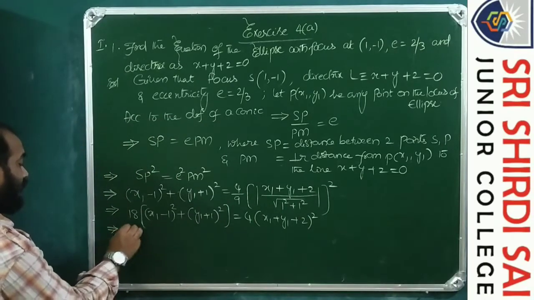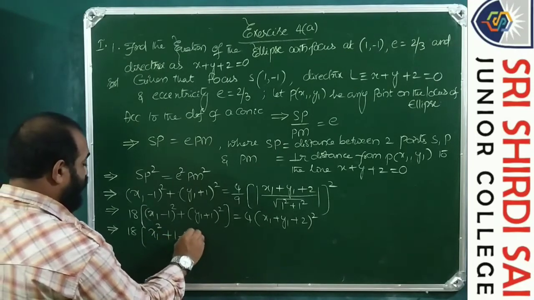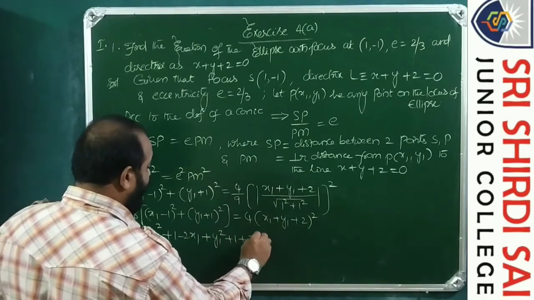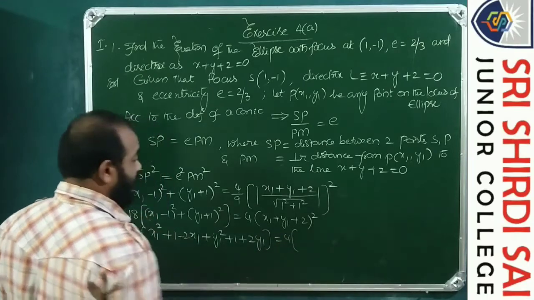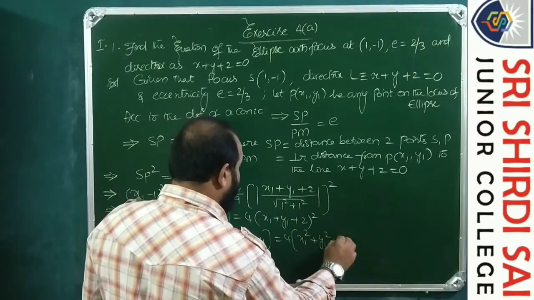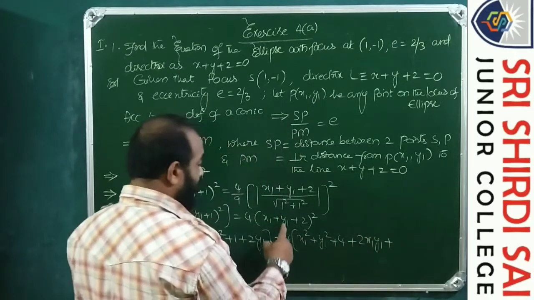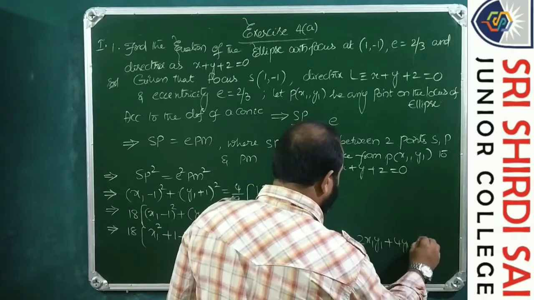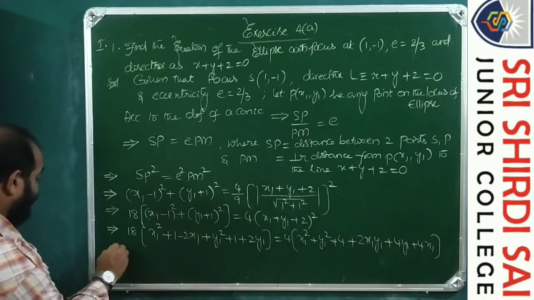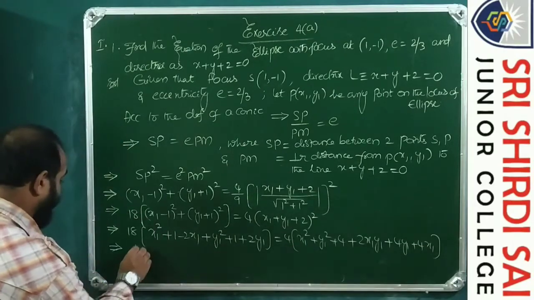Expanding, 18 into x1 square plus 1 minus 2x1, plus y1 square plus 1 plus 2y1, equals 4 into x1 square plus y1 square plus 4 plus 2x1y1 plus 4y1 plus 4x1. Then 18x1 square minus 4x1 square gives 14x1 square.